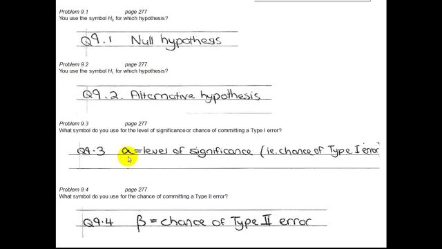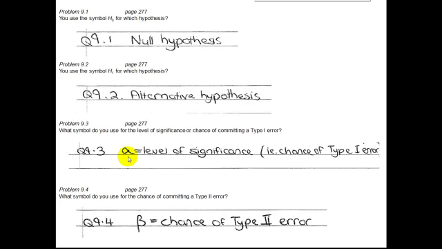If it's a one-tail test, we will just have one reject region and it will be of size alpha. If it's a two-tail test, well, then we have two rejection regions and each one is represented by alpha over 2. So we split alpha in two when we have a two-tail hypothesis test.